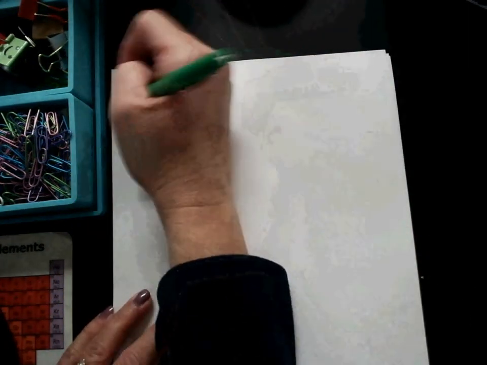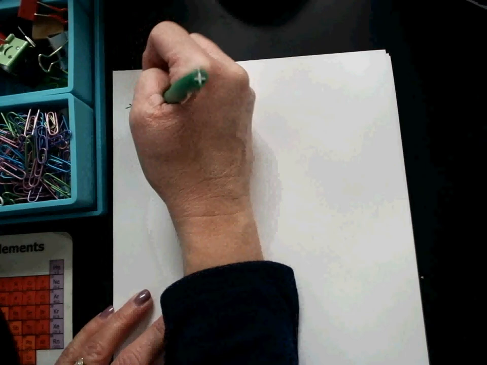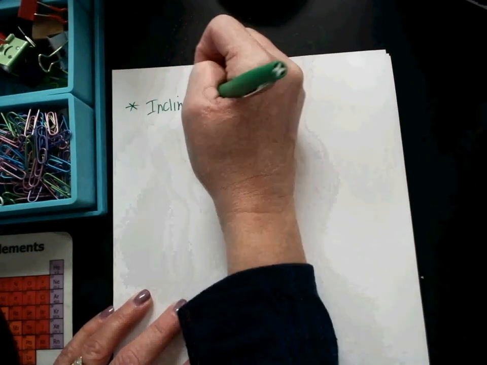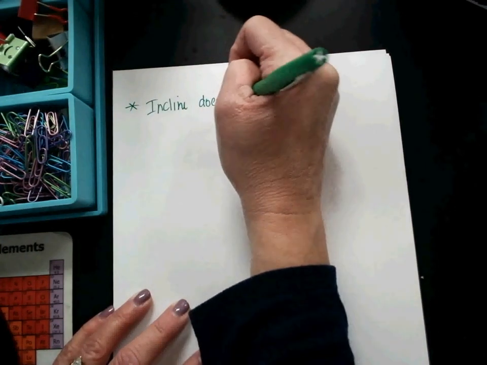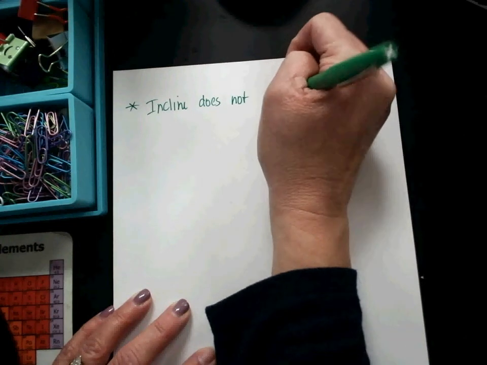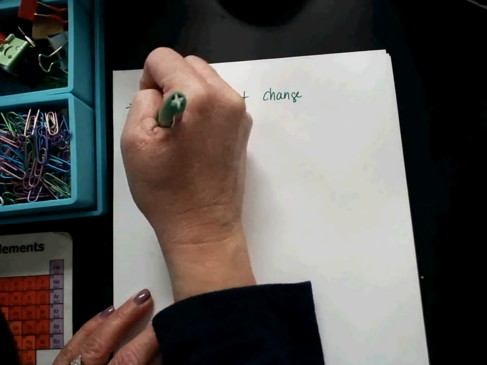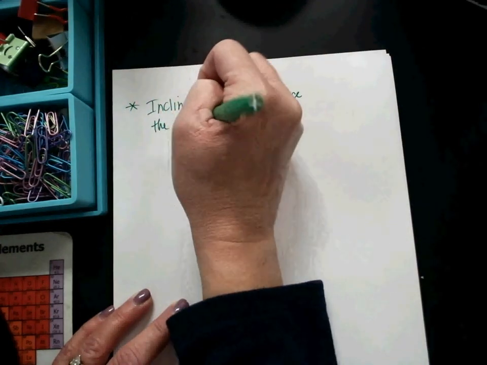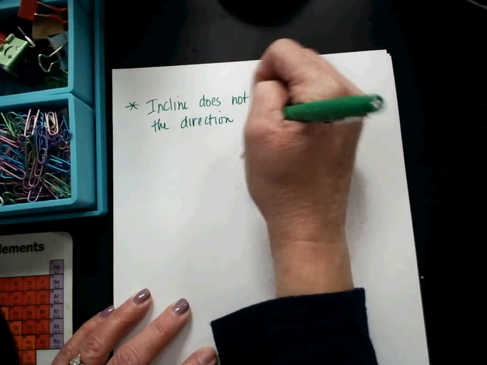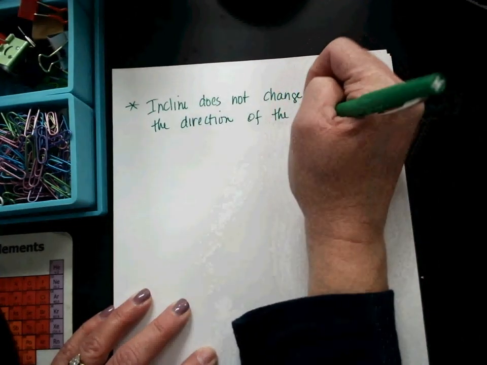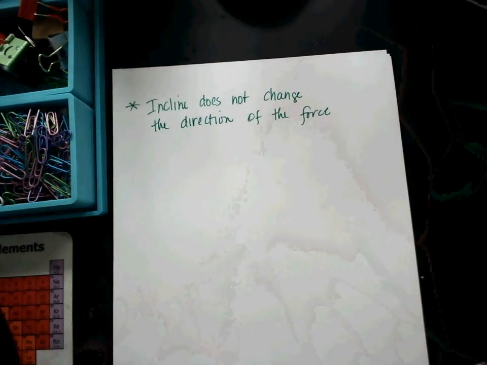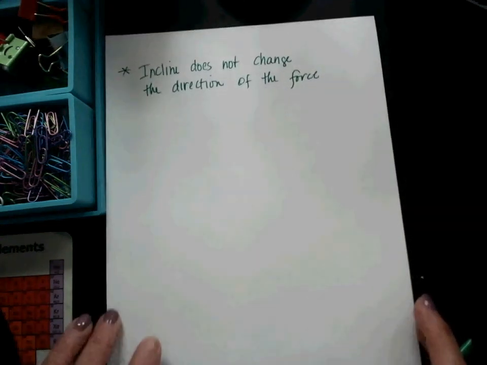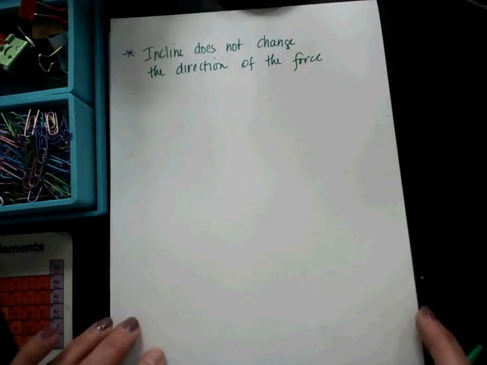And the first thing I want you to remember when you do these kinds is an incline does not change the direction of the force. The normal force is still perpendicular. Gravity is still down.